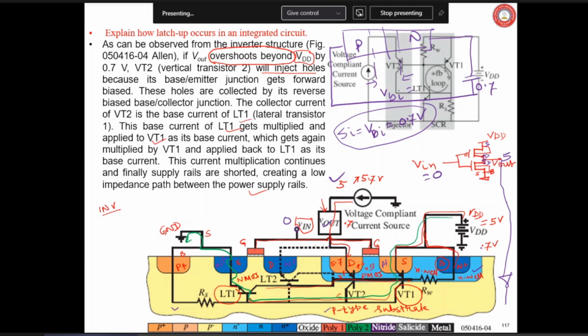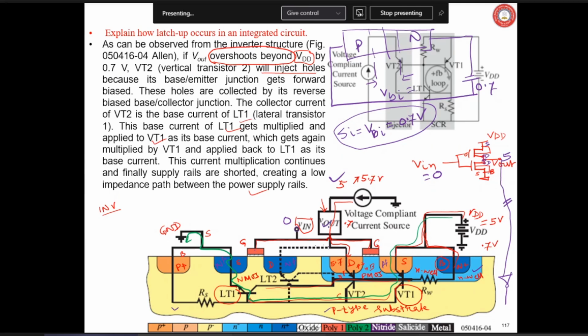When the clock goes high, its value may change this line's value and it may exceed 5.5 volt, maybe 5.7 volt or so. It happens. In the next module, we will study interconnect, where capacitive coupling will be discussed.